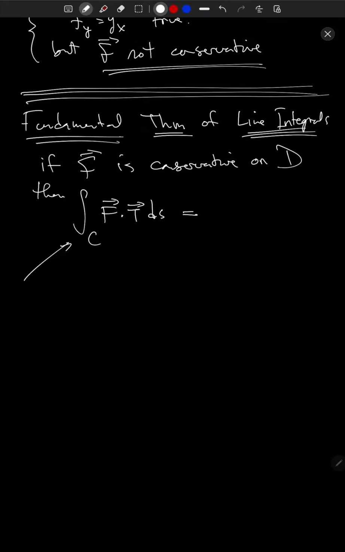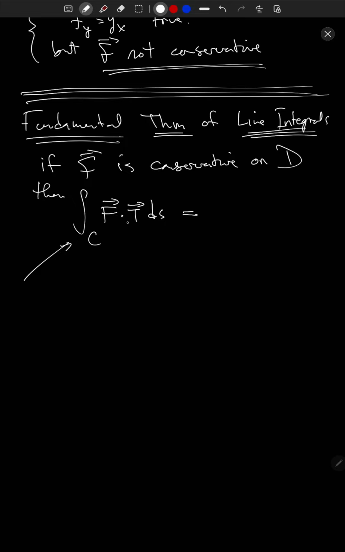So let me not just write down the statement of the theorem. Let me actually prove this. Let me just go through this computation because it's fairly straightforward, and we'll see the final line will be really nice. So let's actually do the computation, and we'll see what the theorem is.